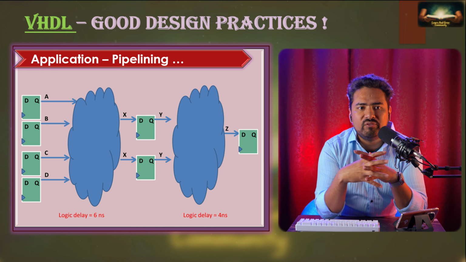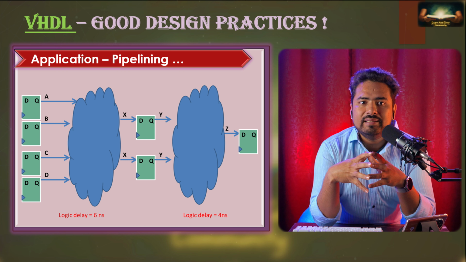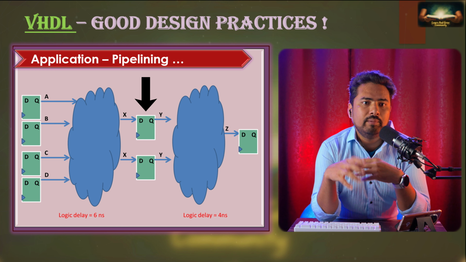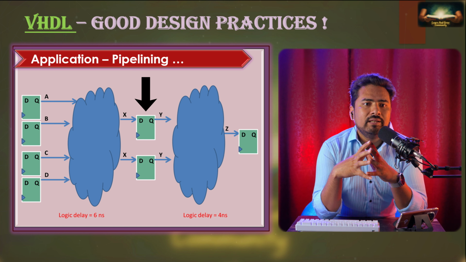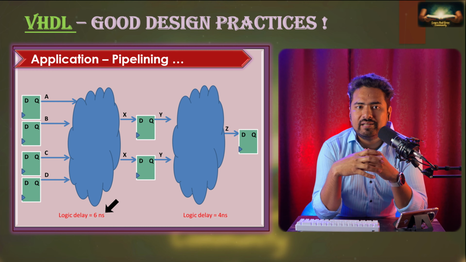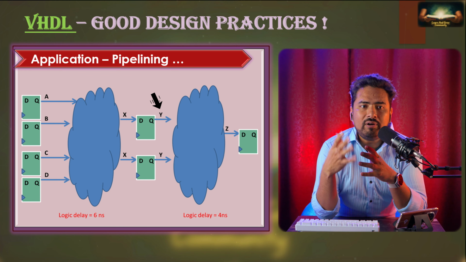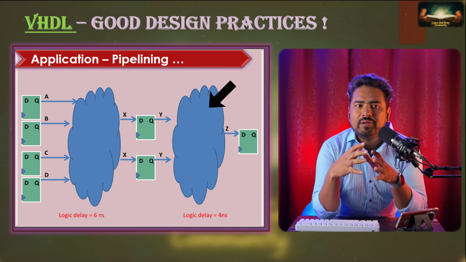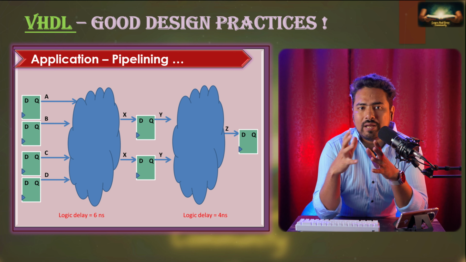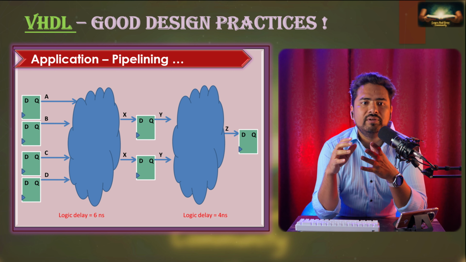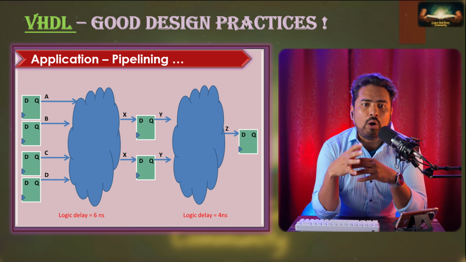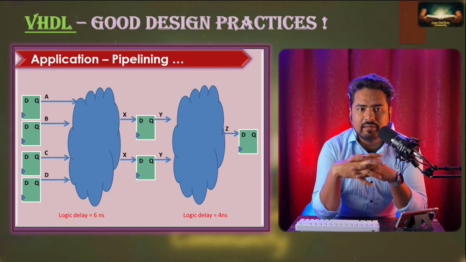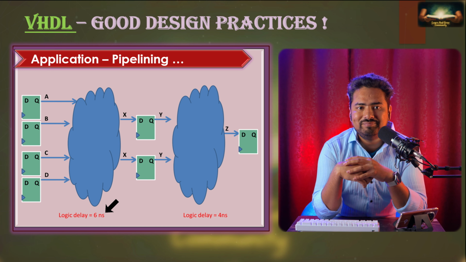So don't get confused. The benefit is that this flip-flop in between will capture your signal according to the 6 nanosecond delay, and then it will forward that to the next segment. So if we consider an operation like 100 megahertz with 10 nanosecond delay, now it becomes 160 megahertz with 6 nanosecond delay for the same design.